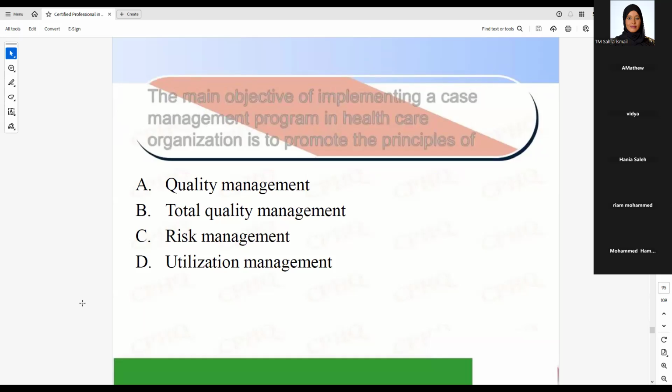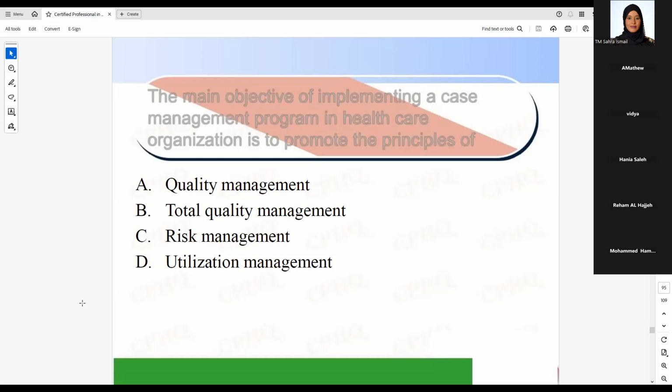Okay, the main objective of implementing a case management program in a healthcare organization is to promote the principle of quality management, total quality management, risk management, utilization management. Total quality management. No, sorry, risk management. Case management program in the healthcare organization.